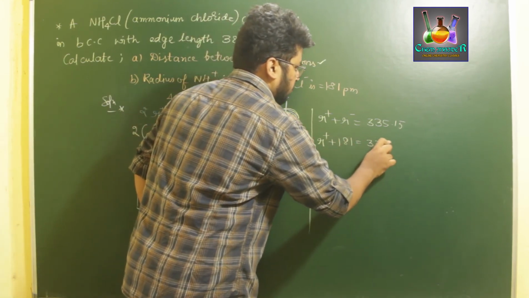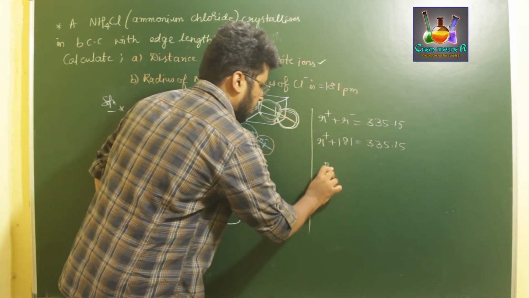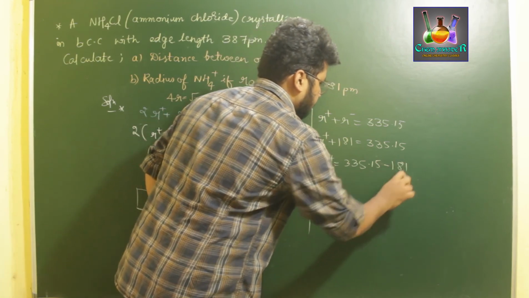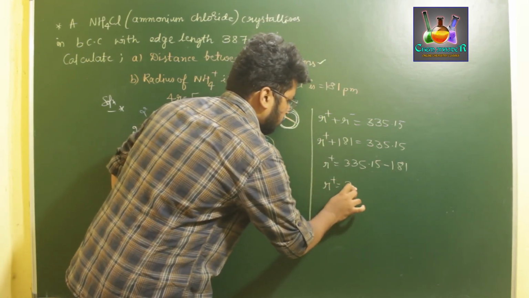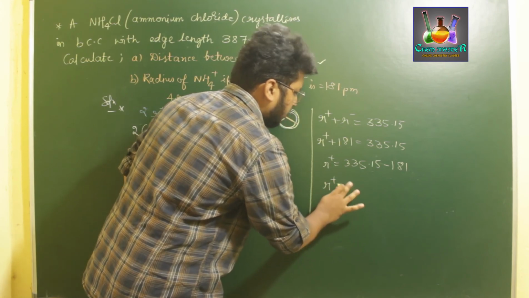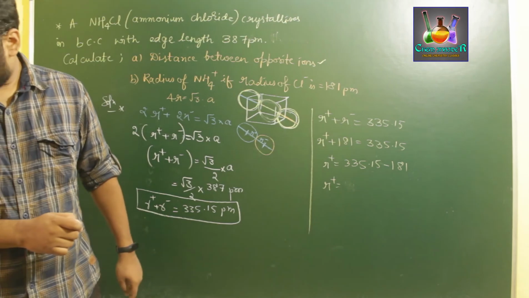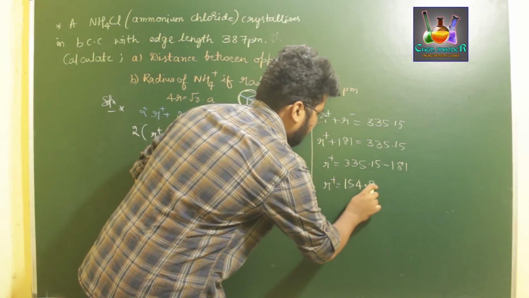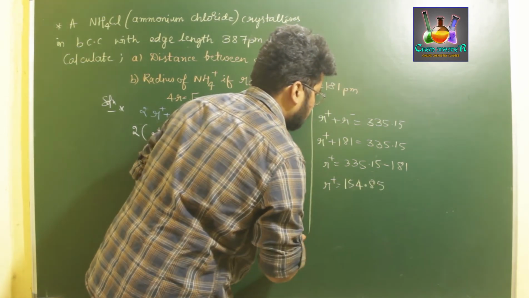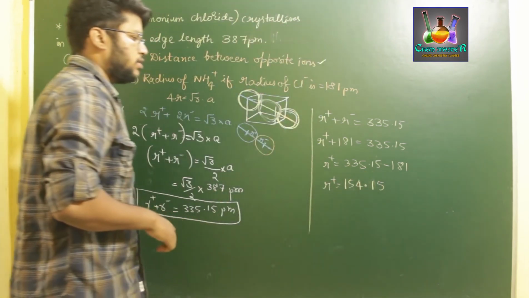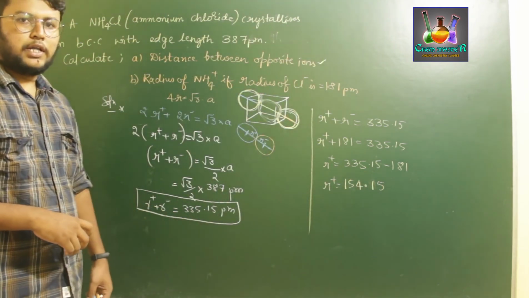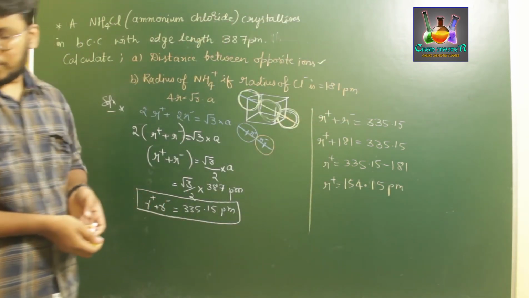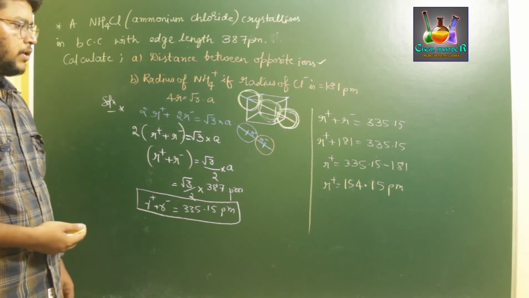So r plus is equal to 335.15 minus 181, which gives 154.15. So the radius of our ammonium ion is 154.15 picometer.